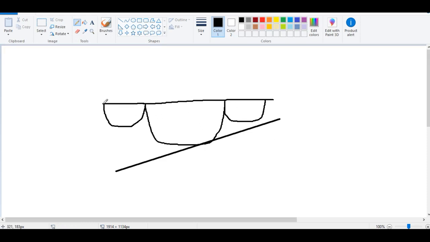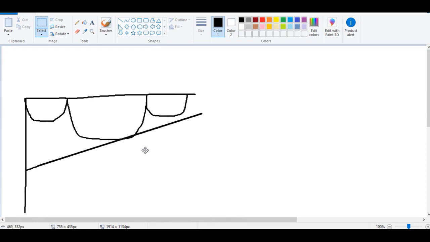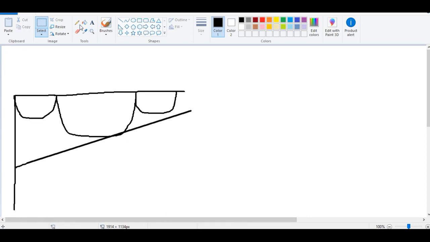Now if I just draw one line down like this from here, what pattern do I have? Flag pattern, right? Here's the pole, here's the flag. Okay, so are we starting to see some similarities and some patterns between this?